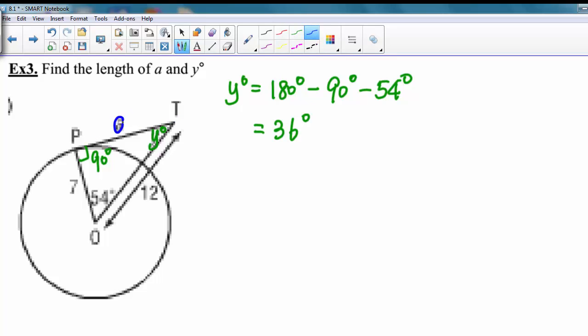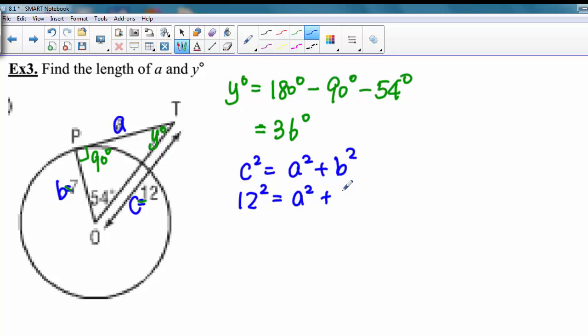This missing side A, I will let the side be B and the hypotenuse is C. C squared equals A squared plus B squared. C is 12. This is 12 squared equals A squared plus B squared. B is 7, so 7 squared. So this one is 144. A squared plus 7 squared, 7 times 7 is 49.